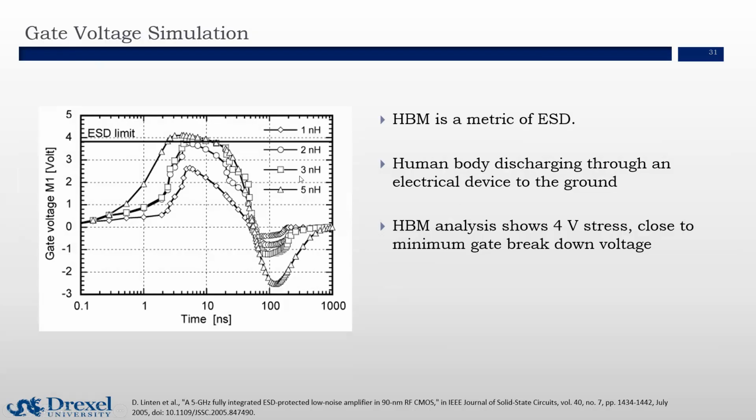In this measurement, we can see that when our inductance of ESD is 5 nanohenry, the HBM analysis shows 4-volt stress on the gate voltage, which is close to the minimal gate breakdown voltage. So we should be very careful to choose our inductance to make sure our HBM voltage remains far below the breakdown voltage of our gates.